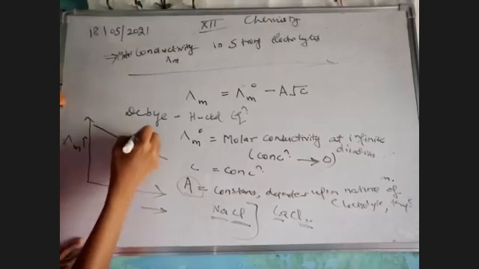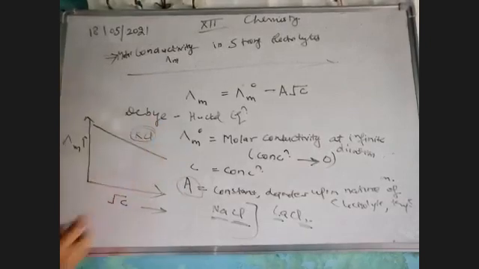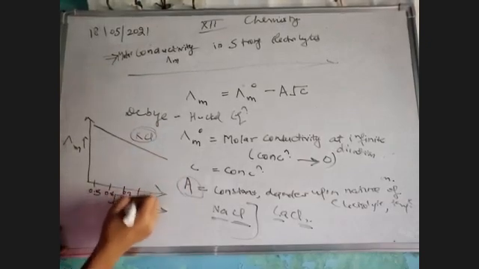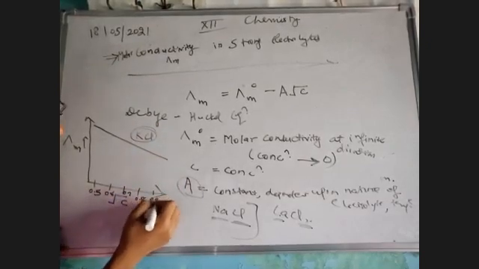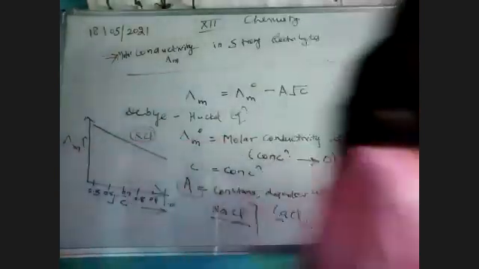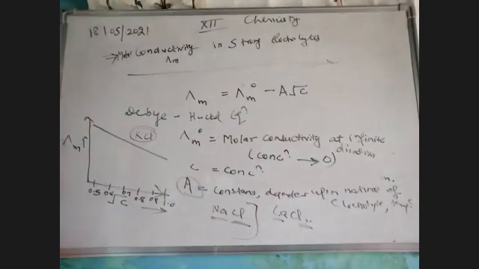For example, I'm taking KCl with different concentrations like 0.5, 0.6, 0.7, 0.8, 0.9 or 1. Whenever the concentration is decreasing, the graph is almost a straight line.